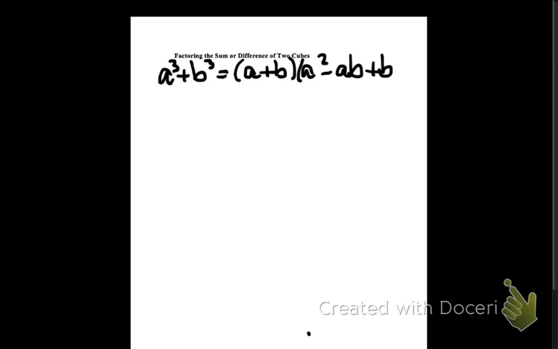The first thing we're going to do is look at a pattern, and this pattern may be a little bit confusing until we actually put some numbers to it. But here's the pattern written with all variables. If we have a cubed, and we're adding it to b cubed, I know that the factored form of this will be a plus b, a squared minus ab plus b squared.